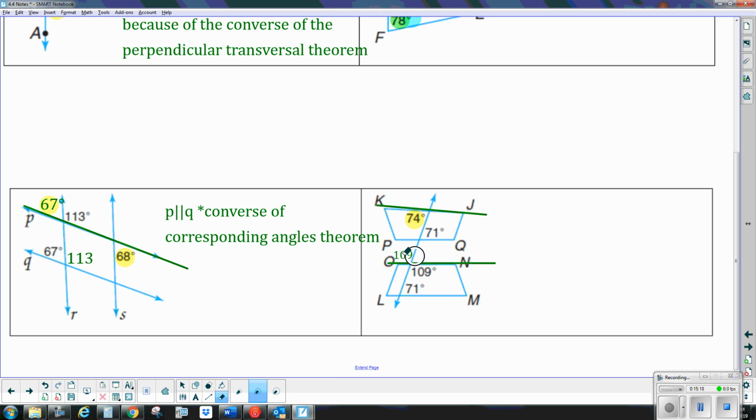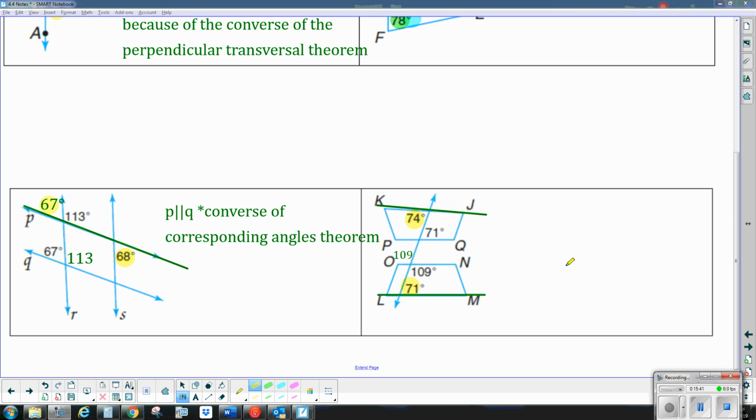Okay, so I'm just going to make my way down the list, and I'm now going to look at LM and KJ. If these two lines are parallel, then alternate interior angles will be congruent.